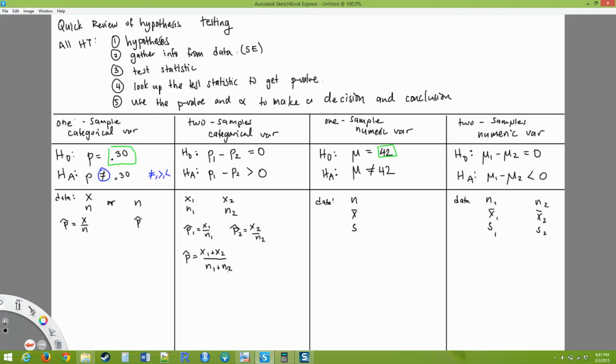Okay. The standard error. For one proportion, it's the square root of p hat times 1 minus p hat over n. For two proportions, it's the square root of p hat times 1 minus p hat times 1 over n1 plus 1 over n2, the square root of this entire thing.